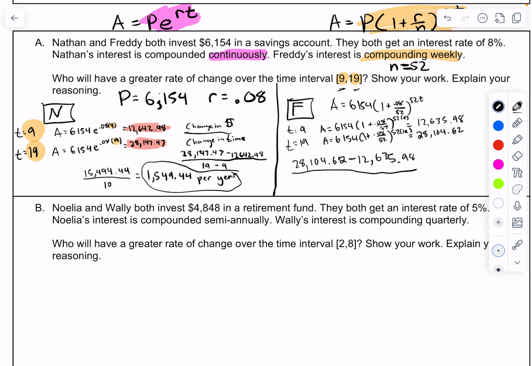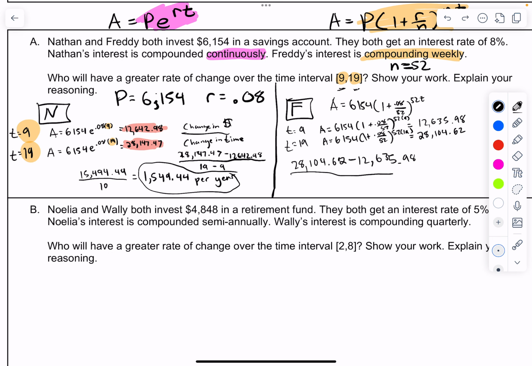Oh man. Let's try this. Much better. 19 minus 9.